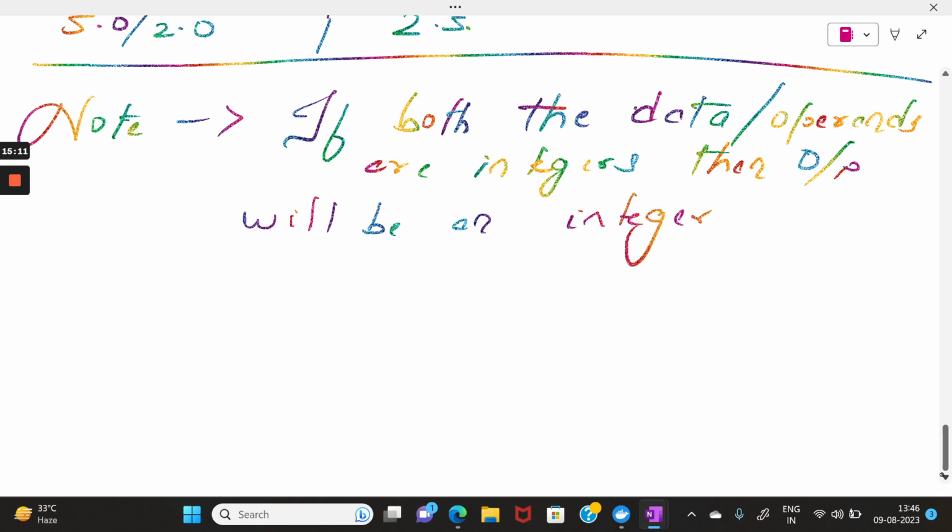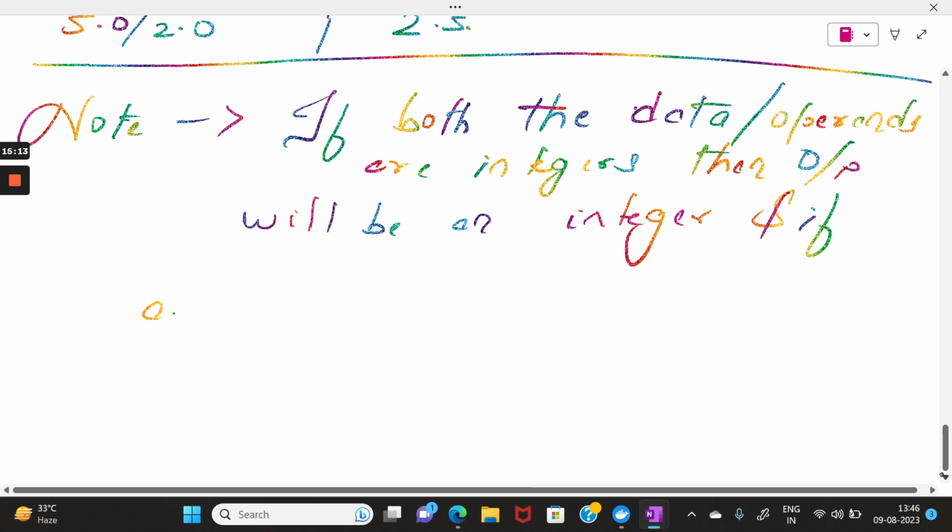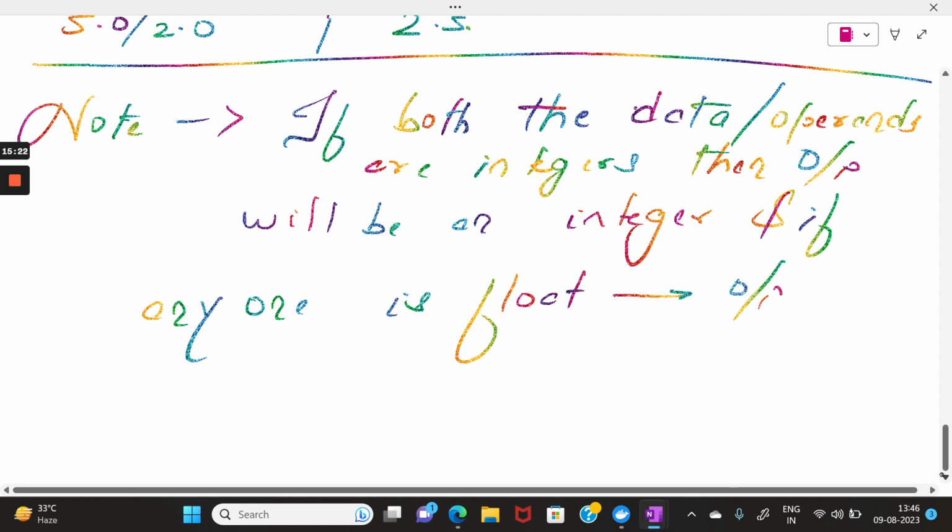And if either the numerator or the denominator is float, then the output will be float only. Is it clear?